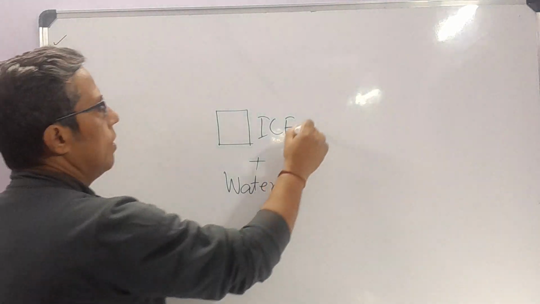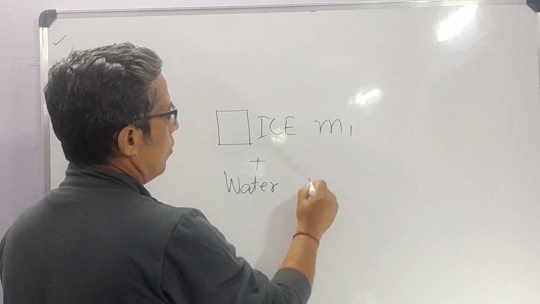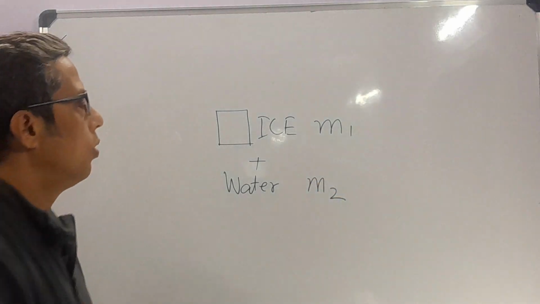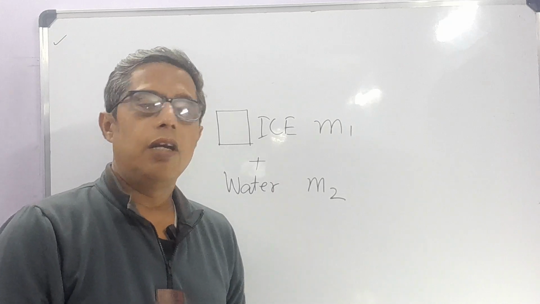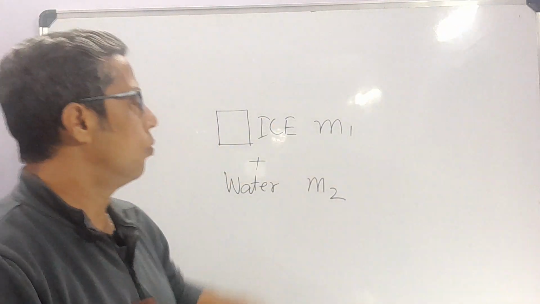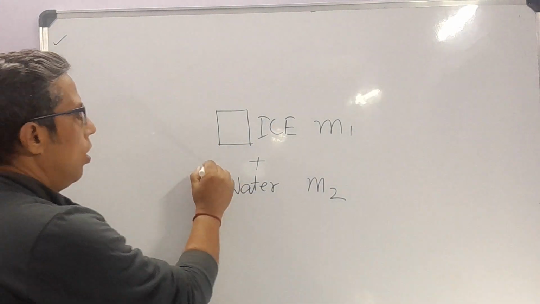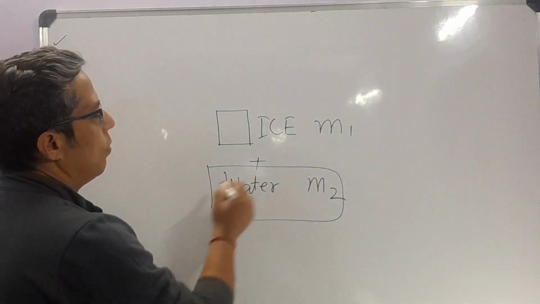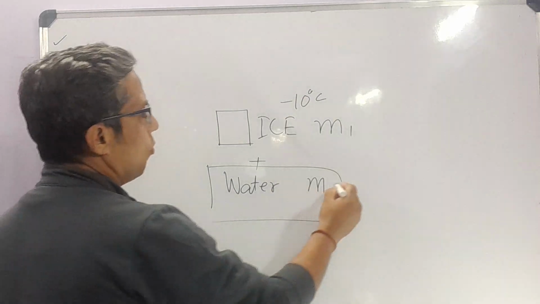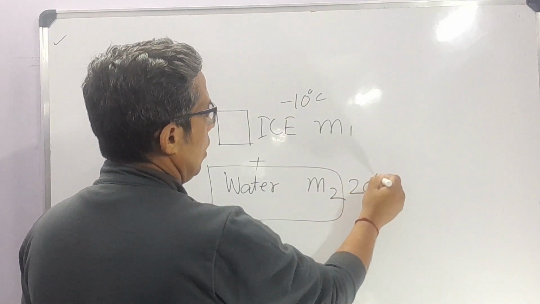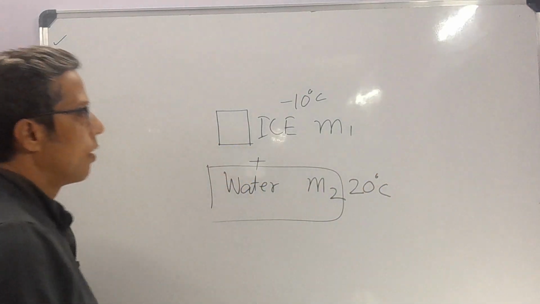The mass of the ice is M1 and the mass of the water is M2. So we will be mixing the ice with the water. Let's say the temperature of the ice is -10 degrees centigrade and the temperature of the water is 20 degrees centigrade.